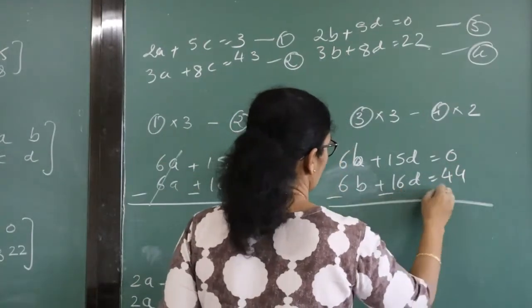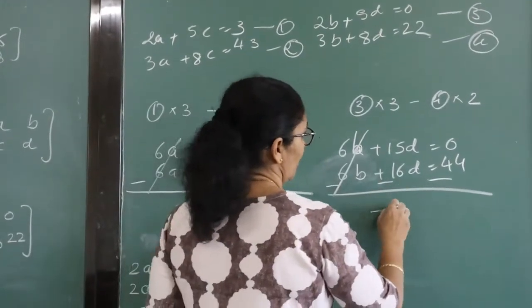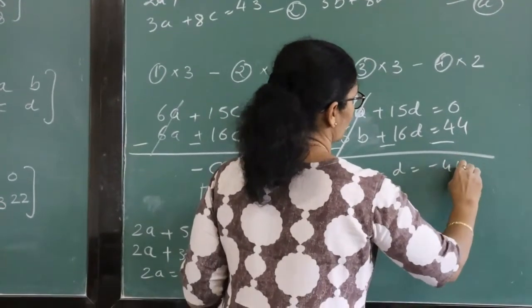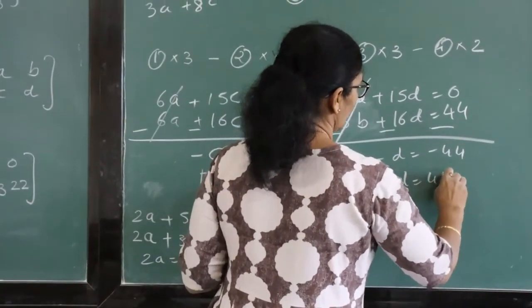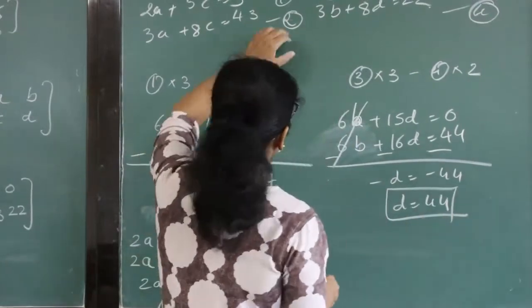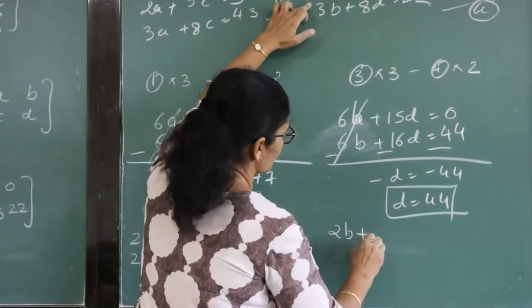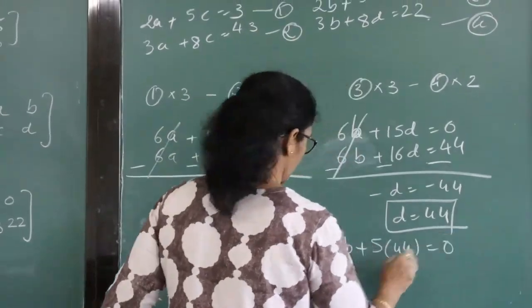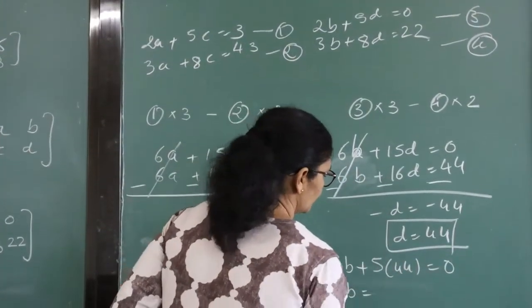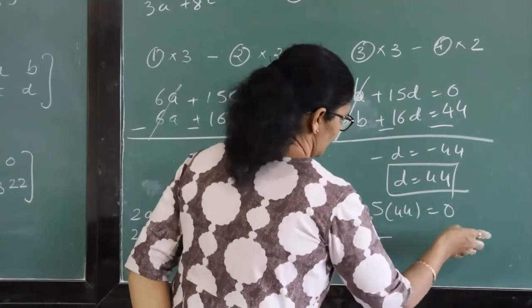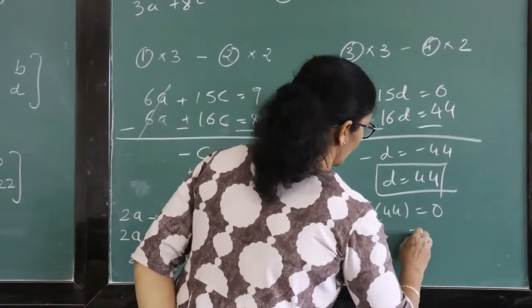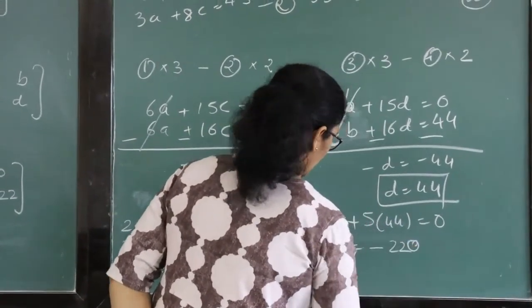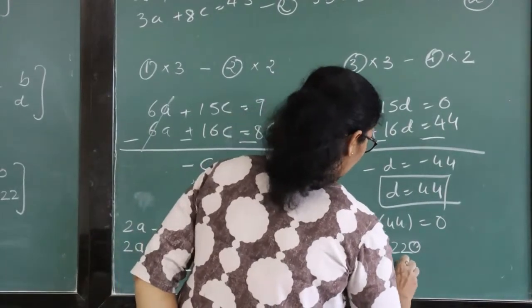Now minus minus minus, so these two cancel. Minus d equal to minus 44, so d will be plus 44. Put the value of d in any one of the equations. So 5 into 44, 2b equal to minus, we are shifting, 4 5s are 20 and 22. So b will be 110.